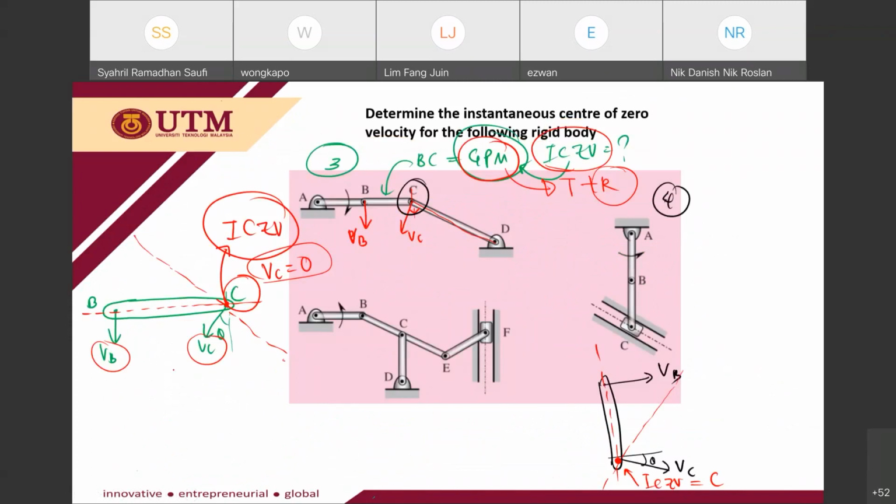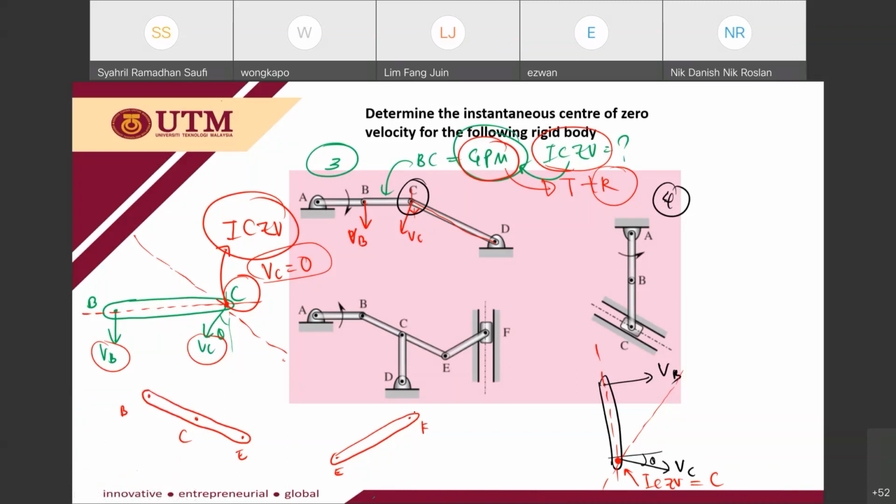Okay, so we know that BCE. This is B, this is C, this is E. Then we will have EF, the member that moves with general plane motion.